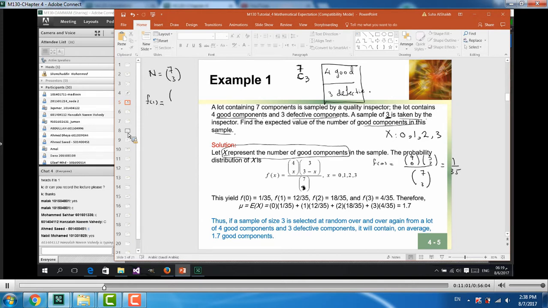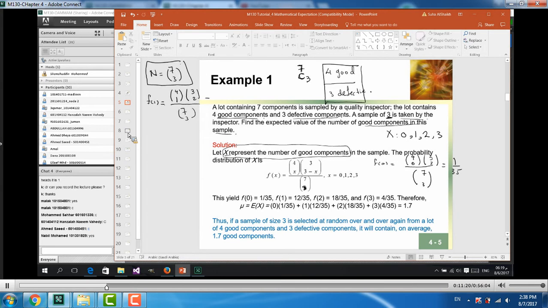I have 4 good. 1 of them I'm going to take. And I'm choosing 3, so I have 2 that I will take from the defective. So 4 choose 1 times 3 choose 2 divided by the overall, which is 7 choose 3. You will find this equal to 12 over 35.